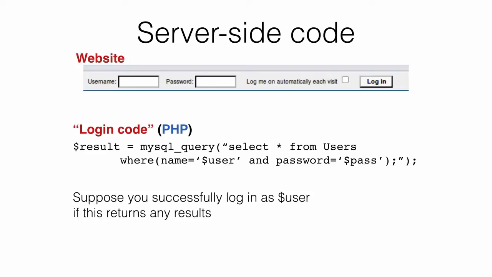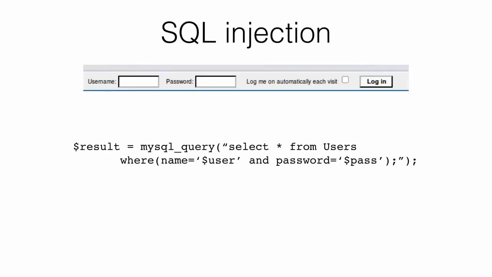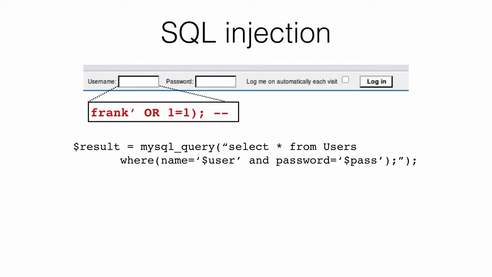So let's suppose that you can fill in that user field however you like. The question is, could you exploit this situation by being clever in your choice of what the user field contains? In this particular case, the code is vulnerable to a SQL injection. How? Well, suppose we fill in the user field with this data: Frank, close quote, or 1 equals 1, close paren, semicolon, dash dash.